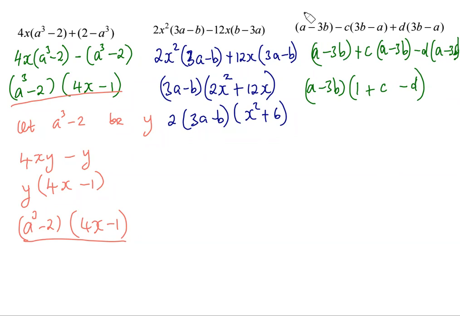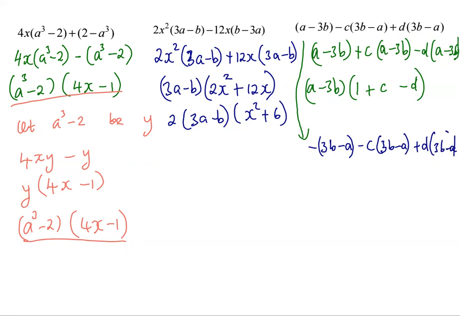Or we can change the first one. We can change the first one to be 3b minus a. So how do we change it? We change the sign here. We're going to put a negative, sorry, 3b minus a. Then here minus c, 3b minus a plus d, 3b minus a.